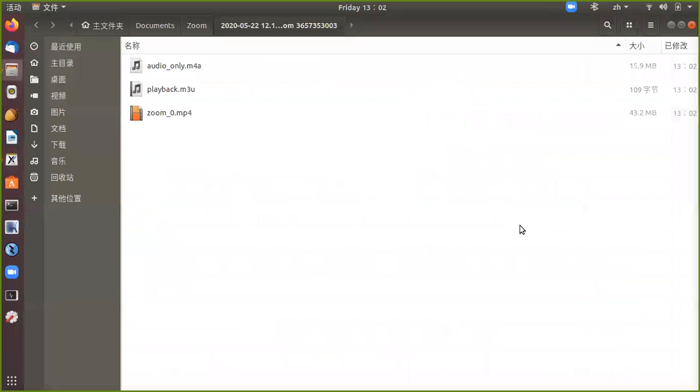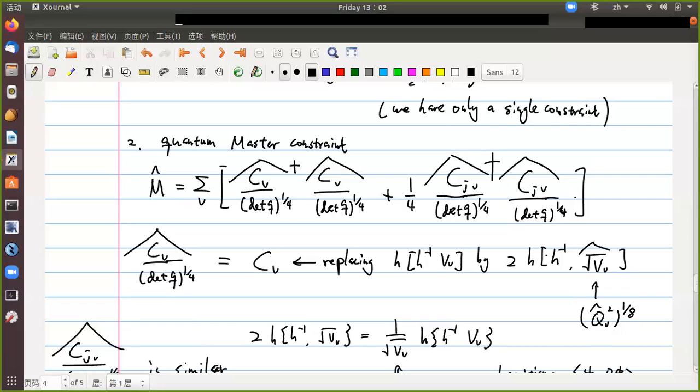You need to find the exact boundary of the domain of definition for the master constraint. And then this Friedrich extension just tells you what kind of boundary you can find, so that your master constraint is well defined inside this domain of definition, and in that domain, the master constraint is self-adjoint.